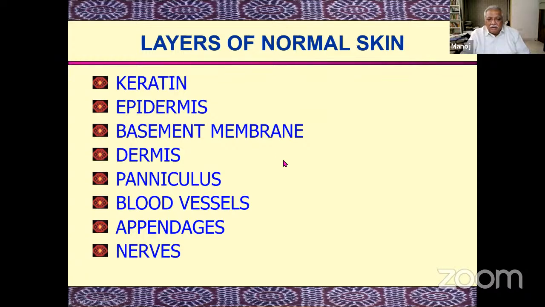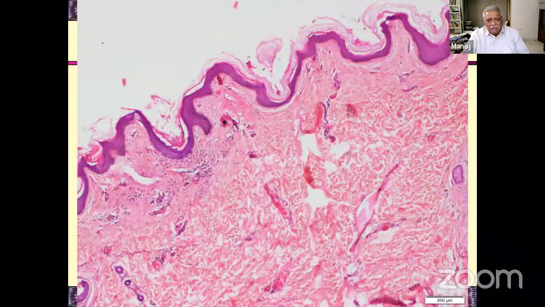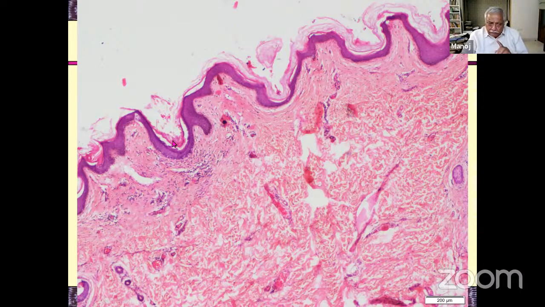But it's not really all that complicated, is it? This is the skin. I mean, okay, fine, there are 8 components, yes, so what? Now, again, many of you would be familiar with most of what I am saying. So it's just a matter of putting it all together and organizing it.